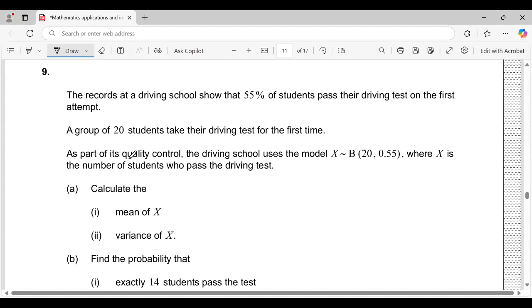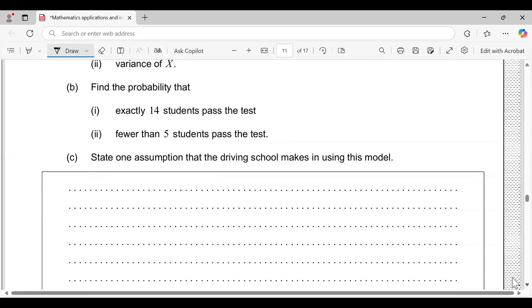As part of its quality control, the driving school uses the model X distributed binomially with 20 and 0.55, where X is the number of students who pass the driving test. Calculate the mean and variance of X.